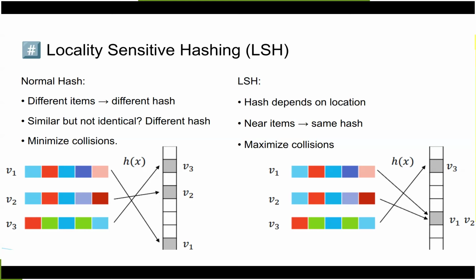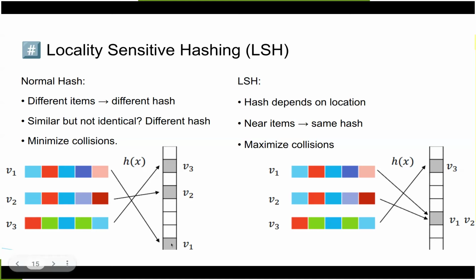Even if you have very similar but not identical items, that's the case. So for example, in the picture on the left side, the first vector and the second vector are very similar to each other. But they are being mapped to two different positions in the hash table.